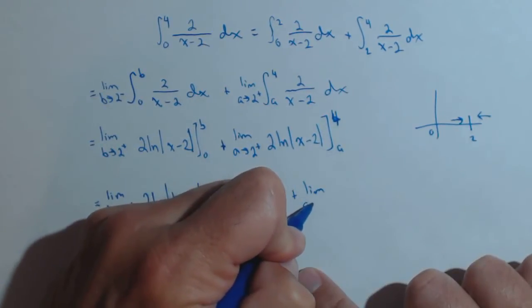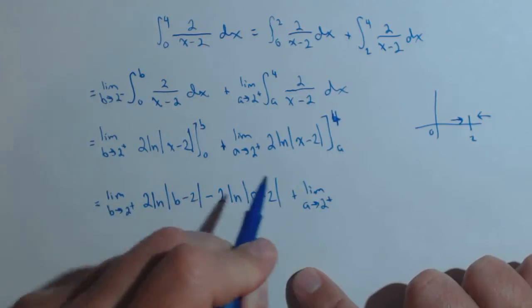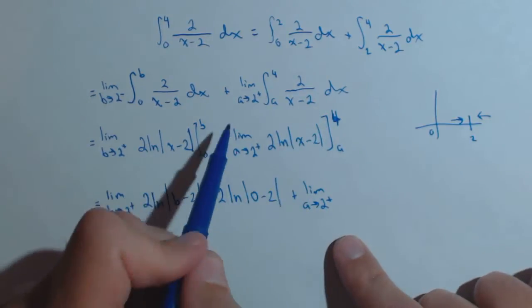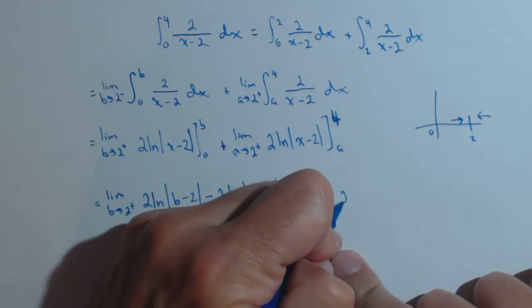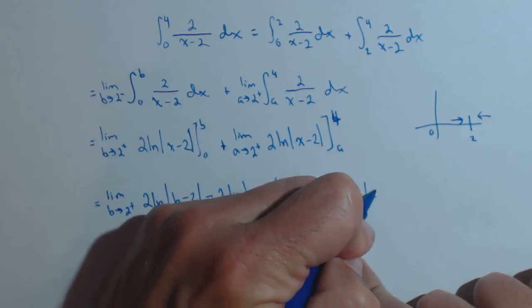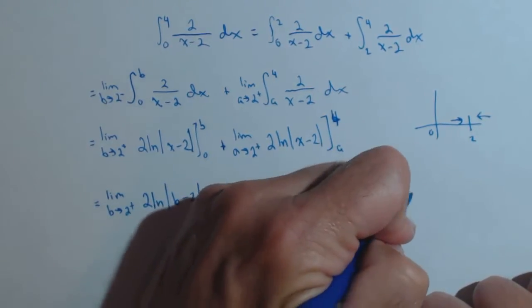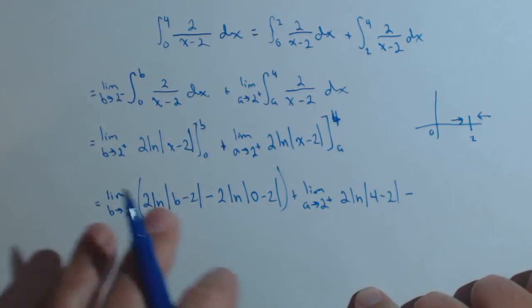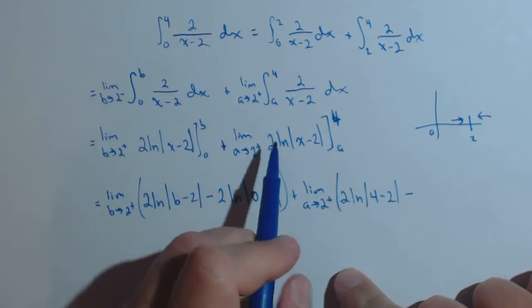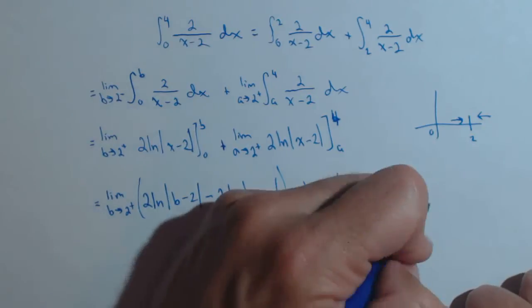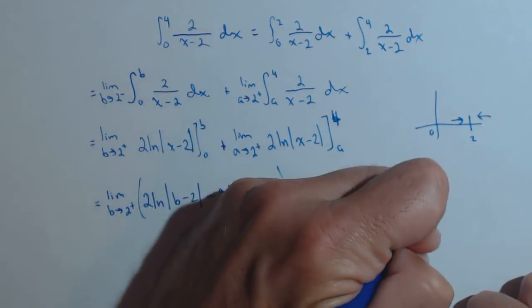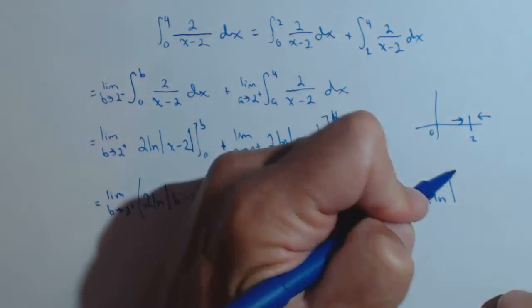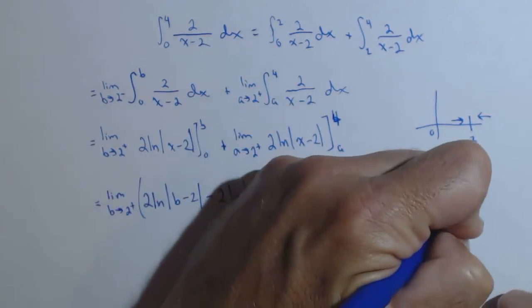Limit as a goes to 2 from the right, and we're going to have 2 natural log of absolute value of 4 minus 2 minus, and maybe to show that that's with that limit, I'll use some parentheses there to make that a little more obvious, 2 natural log of a minus 2.